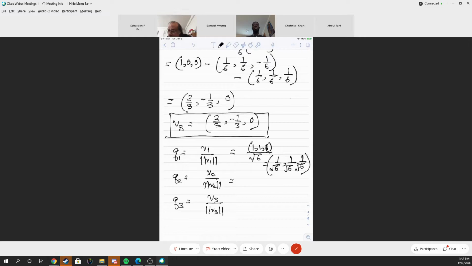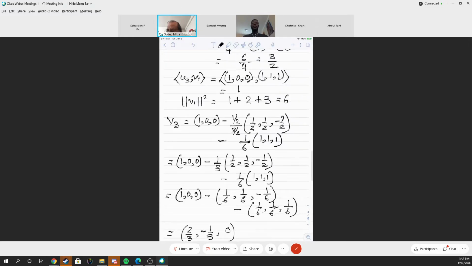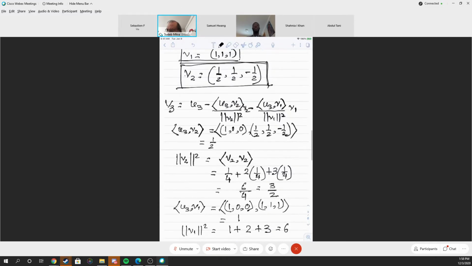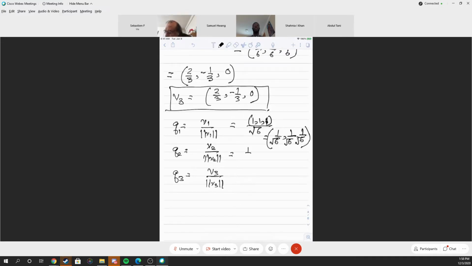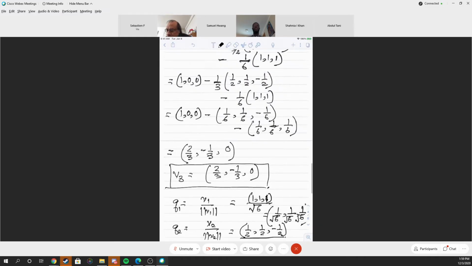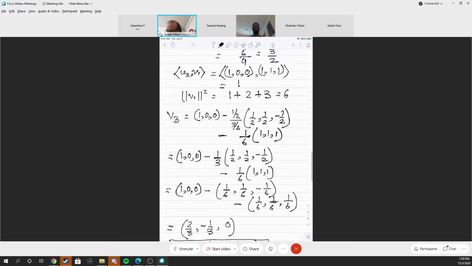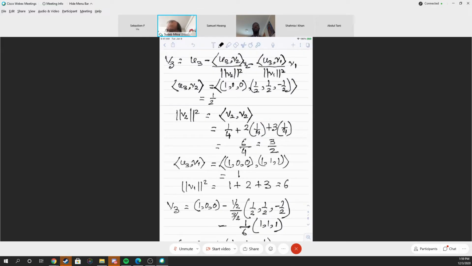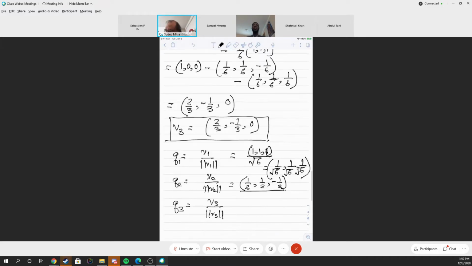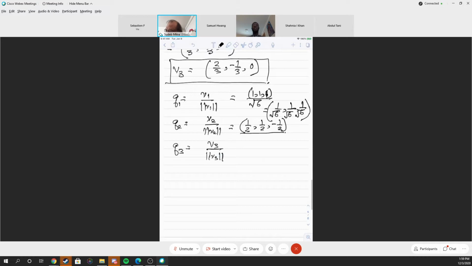Okay, and what is V2? V2 is half, minus half, over norm of V2. Norm of V2 squared is 3 by 2. So norm of V2 is root 3 upon square root of 3 by 2.